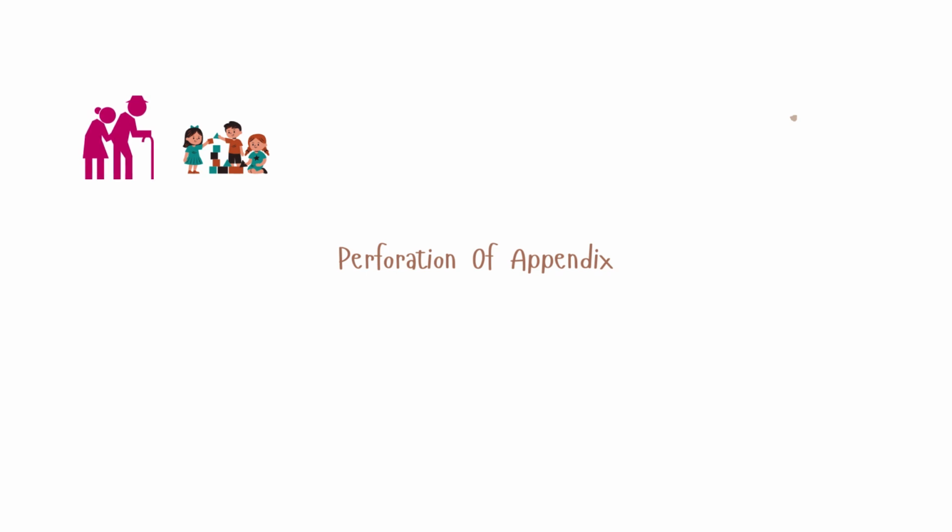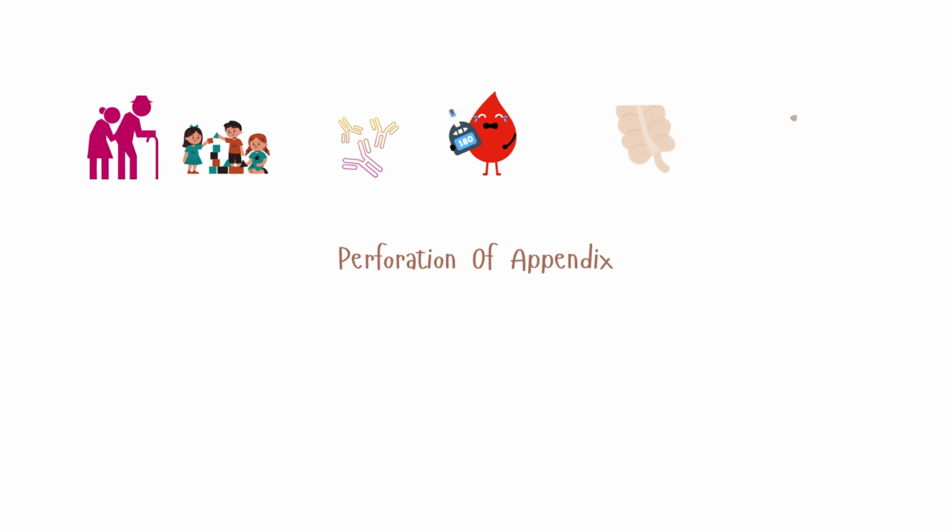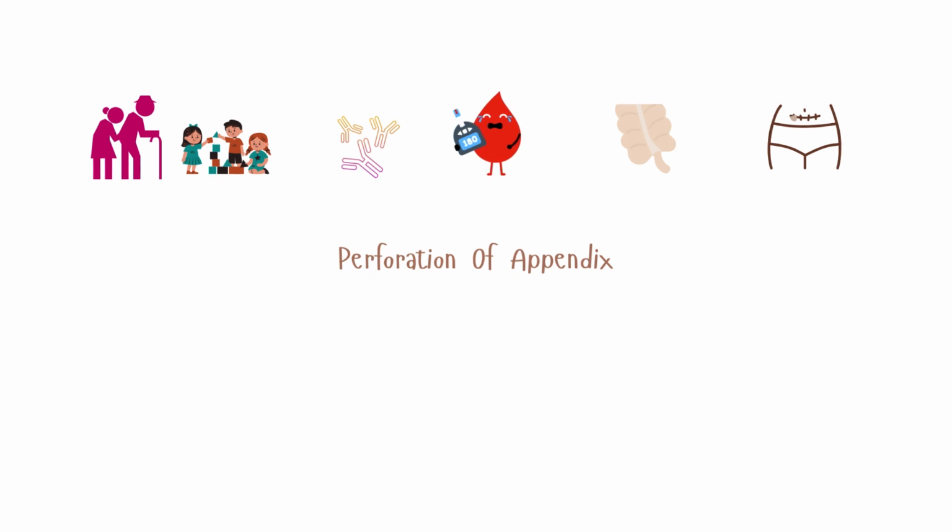Other risk factors are immunosuppression, diabetes mellitus, fecolith obstruction of the appendix lumen, a free-lying pelvic appendix, and a previous abdominal surgery that limits the ability of the greater omentum to wall off the spread of peritoneal contamination.